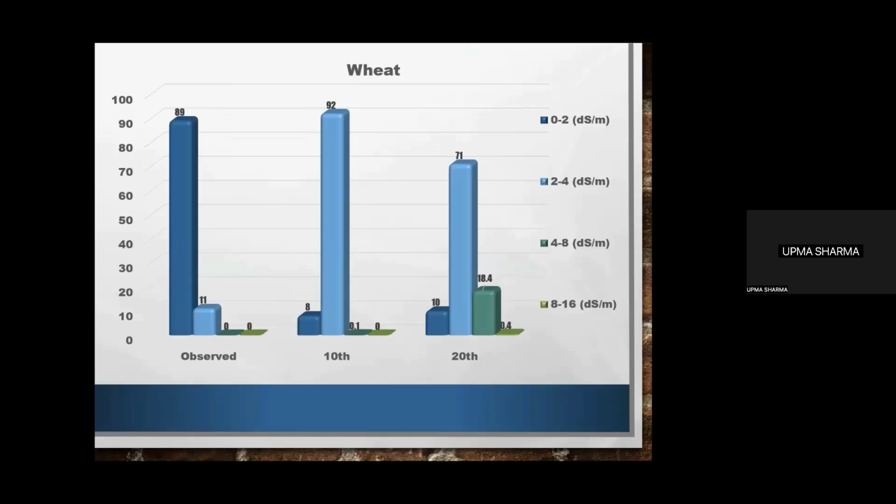You can see in the wheat section also, non-saline area has been decreasing, low saline area is increasing abruptly, while moderately and high saline area has also shown a moderate increase. It has reached 18.4% in the 20th year.